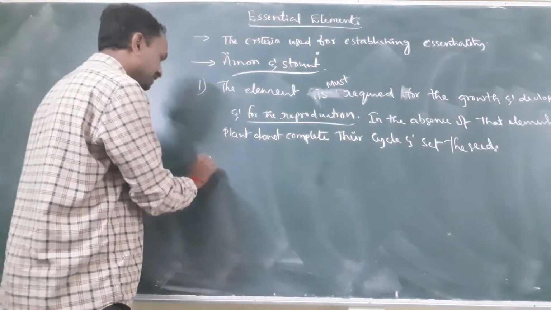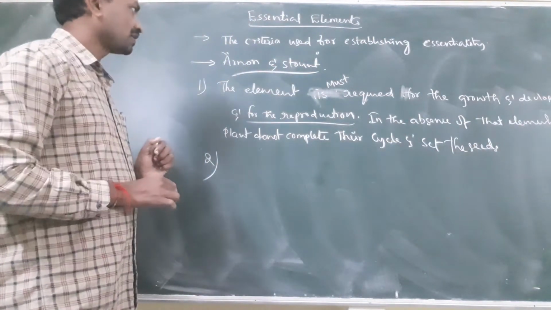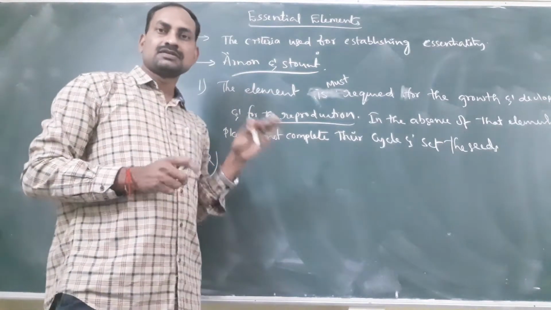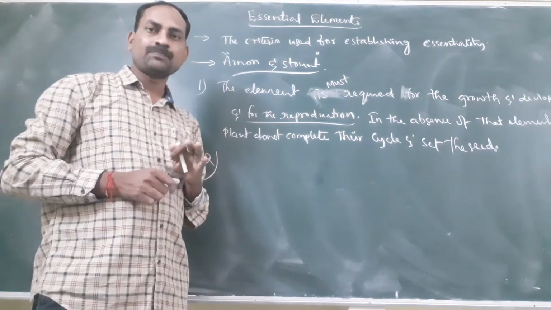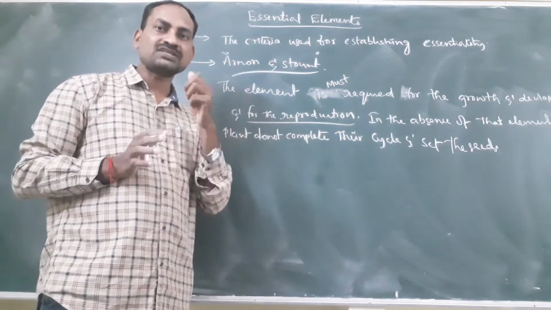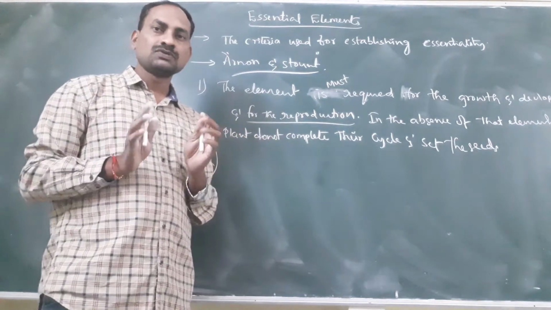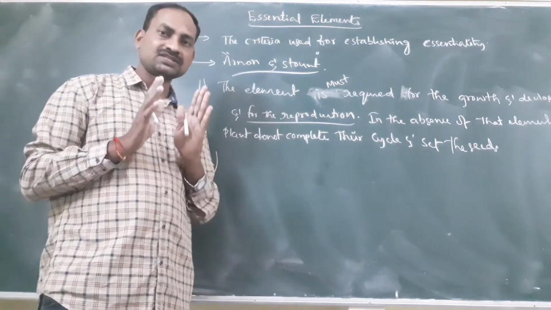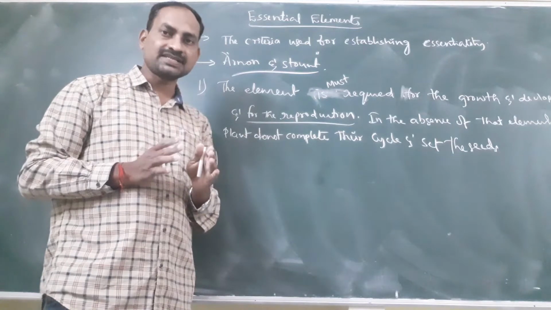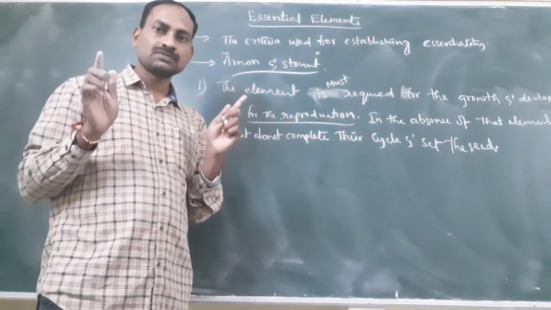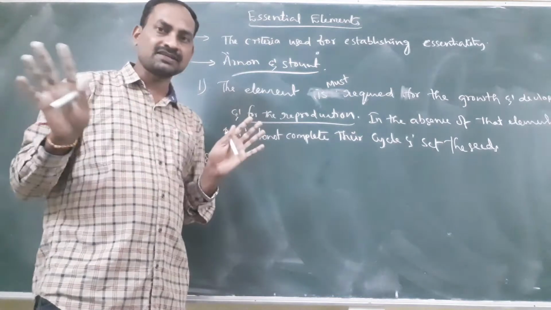The second criterion given by Arnold and Stout is that the requirement of the element is specific and it must not be replaceable by any other element. Whatever element is to be considered an essential element, its requirement is specific, which is not replaceable by any other element.